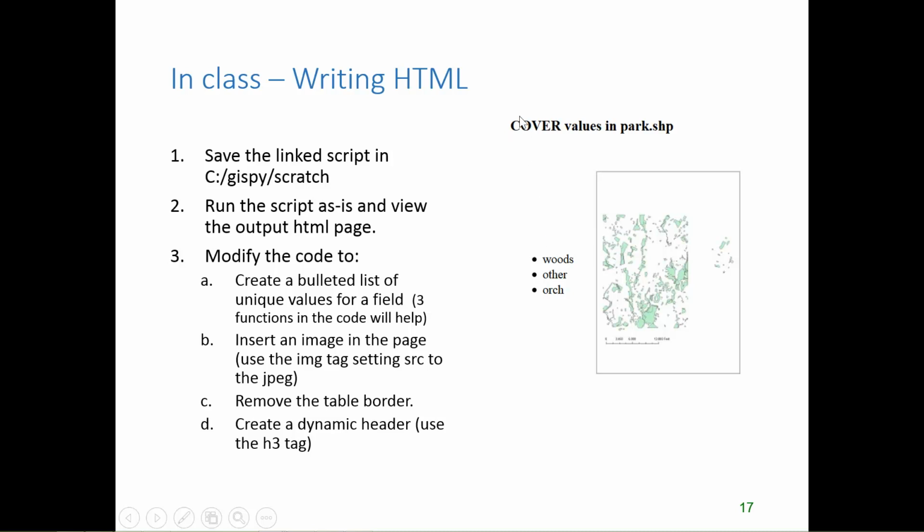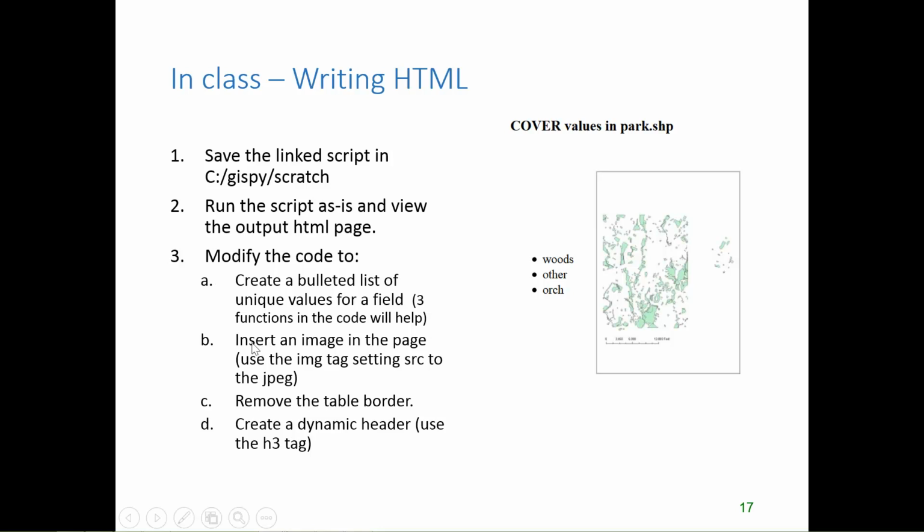So your output will have a header and a bulleted list and a screenshot. So the things that you have to modify in the code are creating the bulleted list of unique values for a given field, and there are 3 functions that are given in the code that will help with this, one of which we just went over.